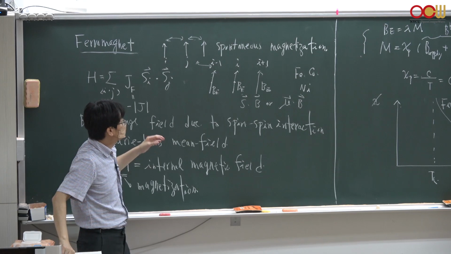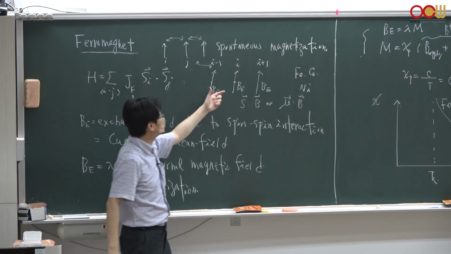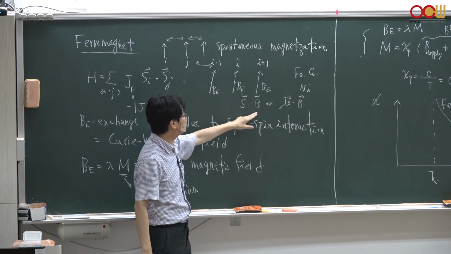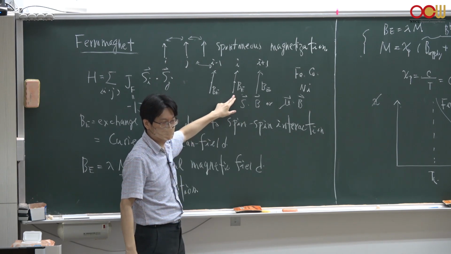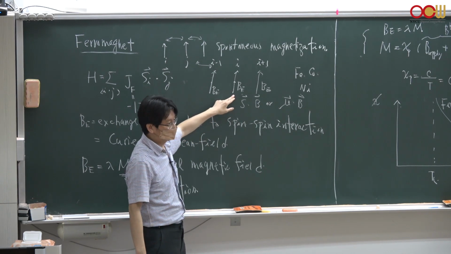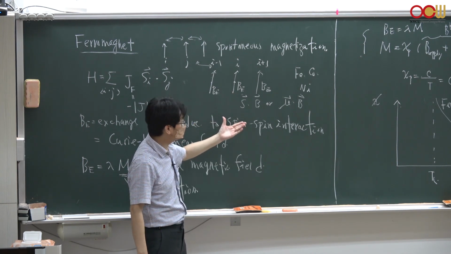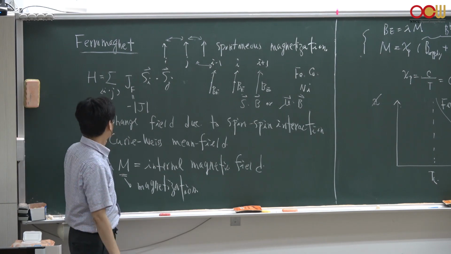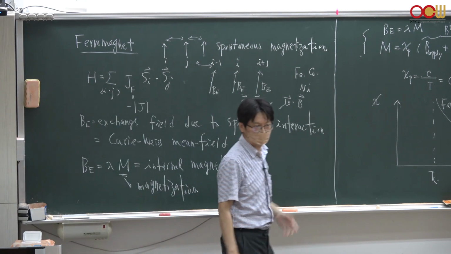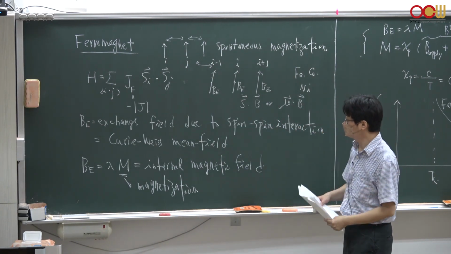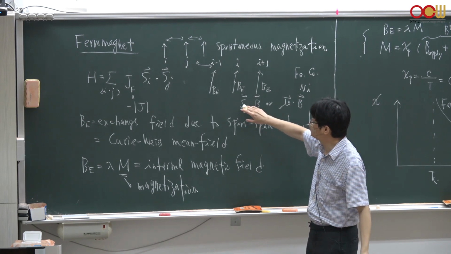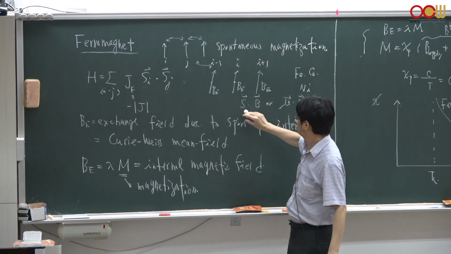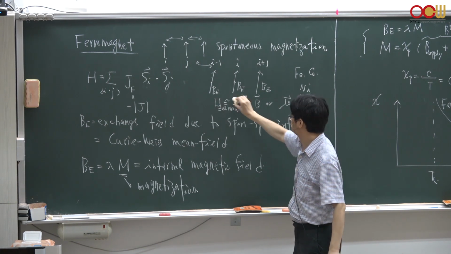Okay, so you could imagine that the spin moment on neighboring sites could actually produce the effective field to couple to the spin on site I. And such an effective field generated by the spin moments of the neighboring sites is called the exchange field. It looks like there is a magnetic field, effective magnetic field, because this coupling between the neighboring spins looks more or less like the Zeeman term.